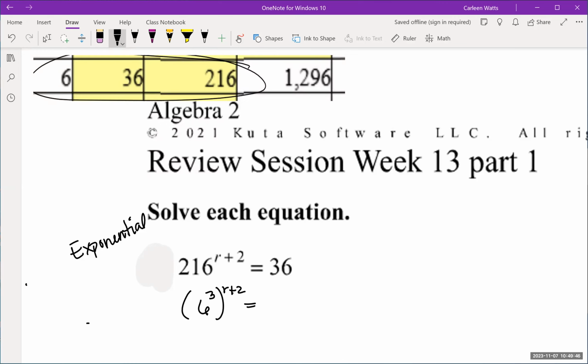Yeah, Zoomers, what am I going to write 36 as? Because I want the same base. Anyone, Zoomers? 36 is 6 squared. So then I write if the bases are the same, then the exponents are the same. And that might be a question in a Canvas quiz. According to the review session, if the bases are the same, then the exponents are the same.